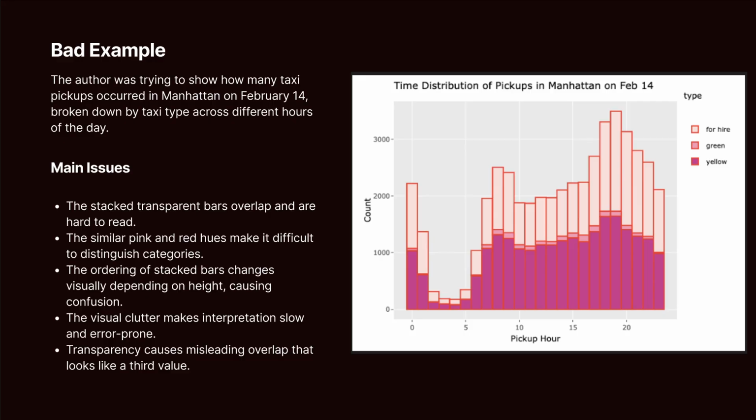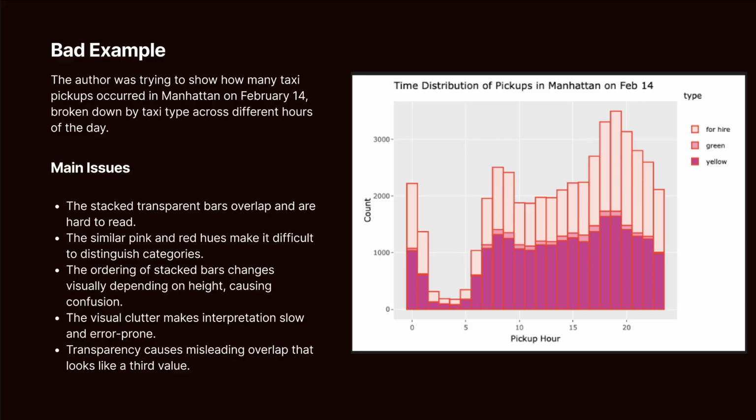So the reason why this bar graph is bad is the stacked bars overlap and are hard to read. The different colors allude to transparency as well. The pink hues make it difficult to distinguish the categories. The ordering of stacked bars also changes visually depending on height, which is confusing.